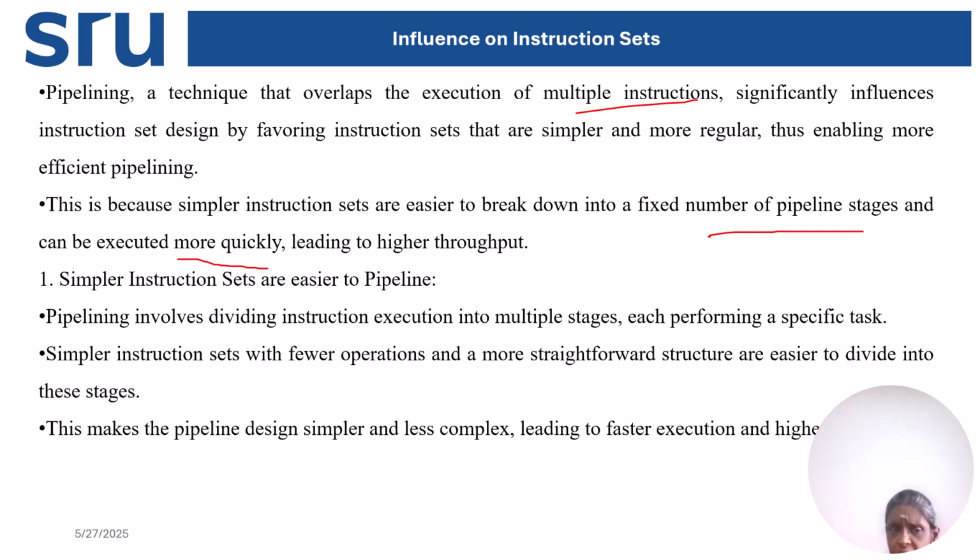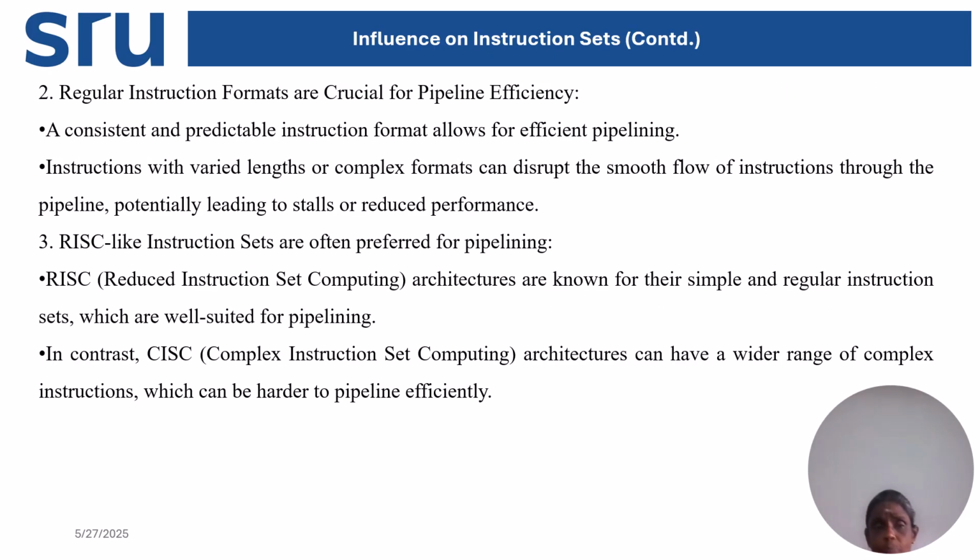Simpler instruction sets with fewer operations and a more straightforward structure are easier to divide into these stages. This makes the pipeline design simpler and less complex, leading to faster execution and higher performance.